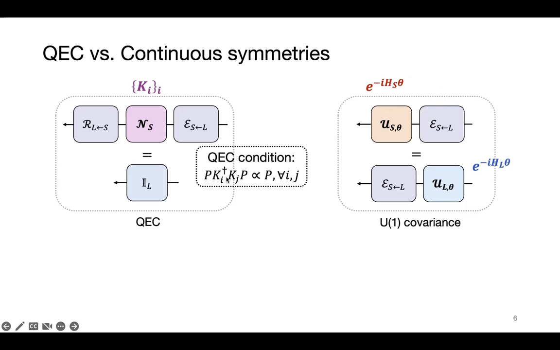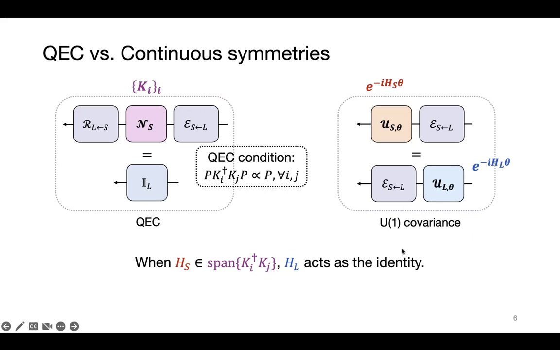So again, we have this quantum error correction condition to help us determine if the code can correct certain types of noise. Combining these two, we can see that if the physical Hamiltonian is inside the span of Ki dagger Kj, then HL must act as identity in the logical space if the code is simultaneously error correcting and covariant.